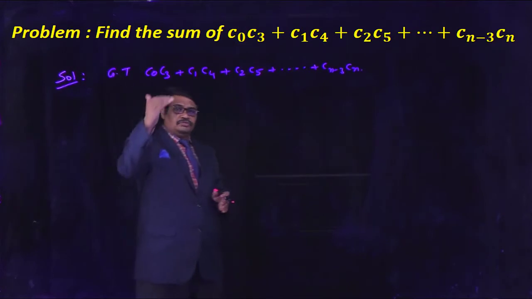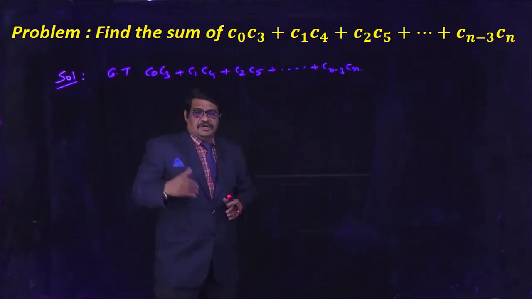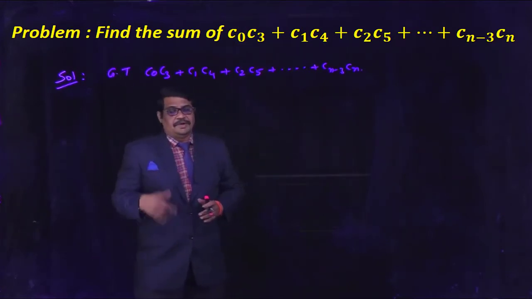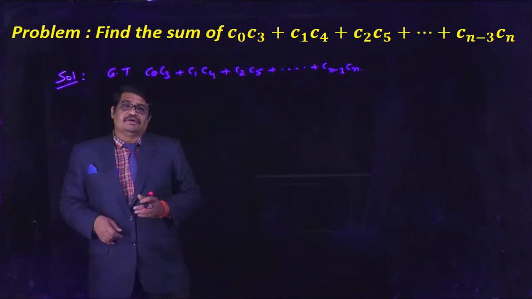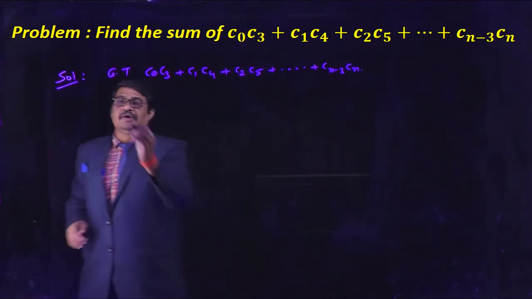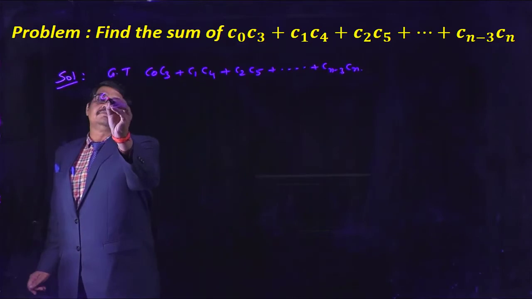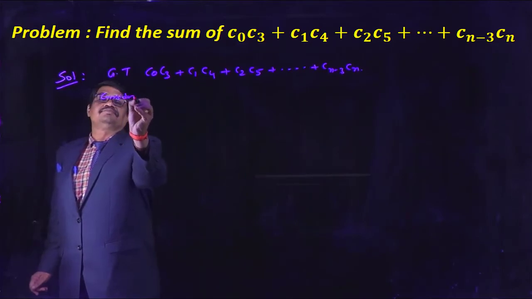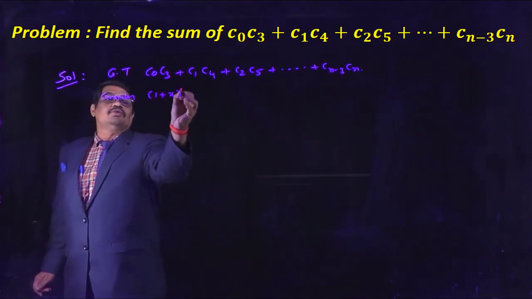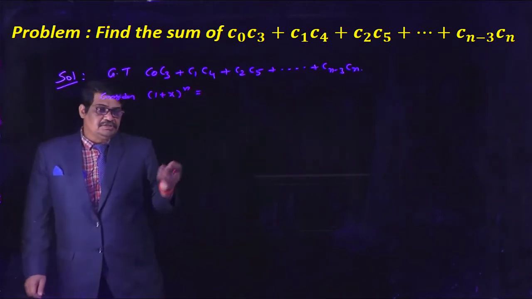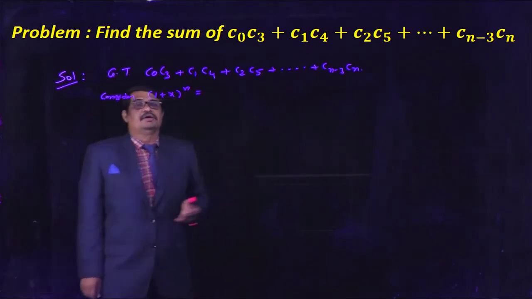Now we prove this result by using the binomial theorem. We consider the standard binomial expansion. Consider (1 plus x) whole to the power of n. That is the standard binomial expression.